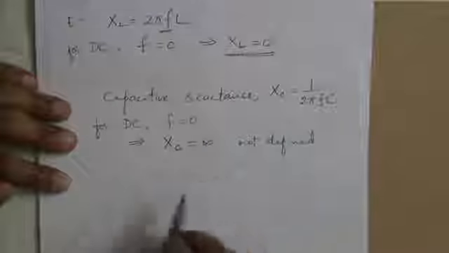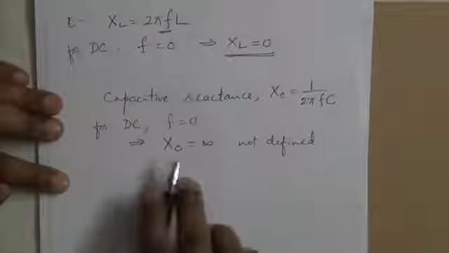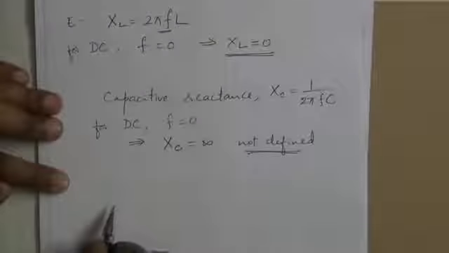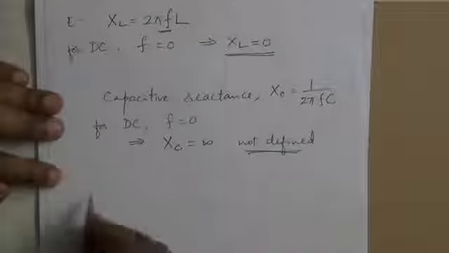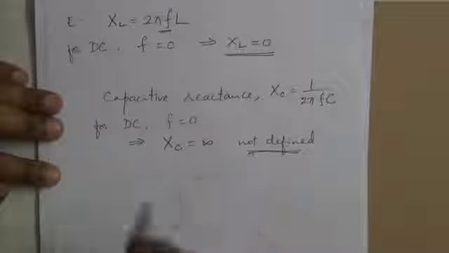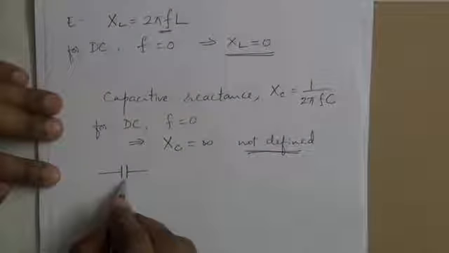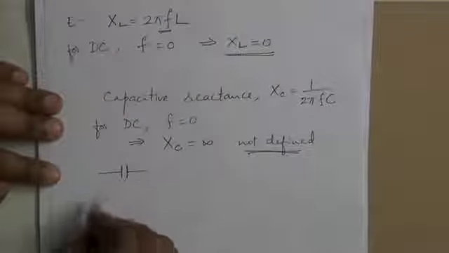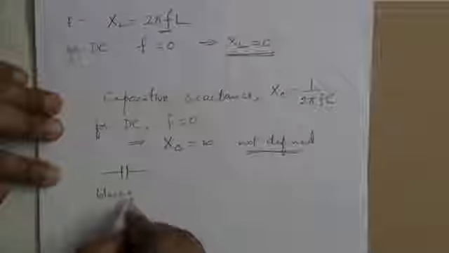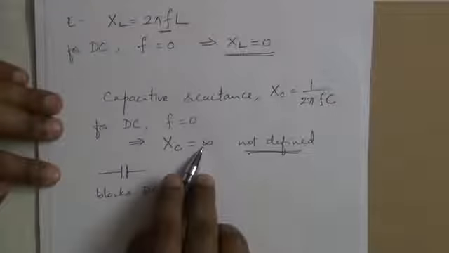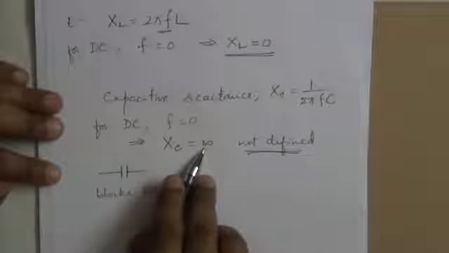It's a very large number, but more appropriate is not defined. For this reason, the capacitor, this is the symbol for capacitor, blocks DC because it offers very high opposition, not resistance, whereas XL equals 0.